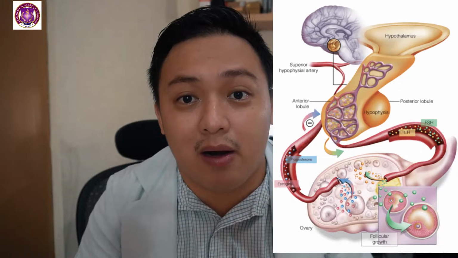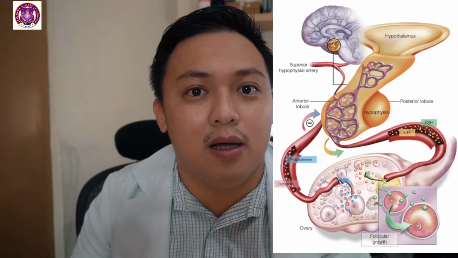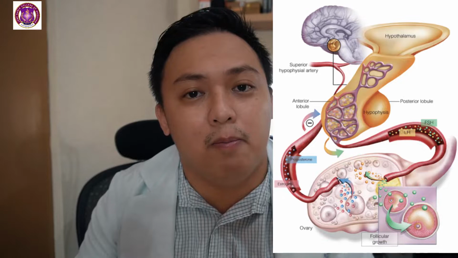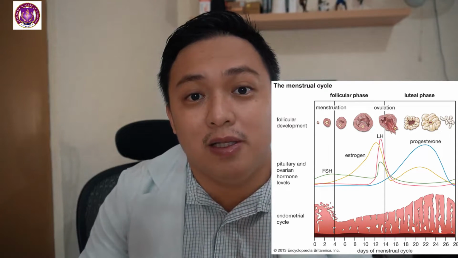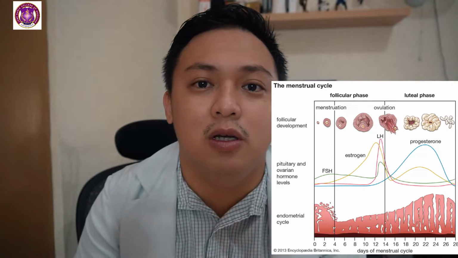Every month, there is the menstrual cycle, or the ovulation cycle, wherein hormones from the pituitary influence the cells from the ovaries, and this will make an egg cell mature and then ovulate. This happens around every 28 to 30 days, which is why you have menses every 28 to 30 days, because of the changes of these hormones.